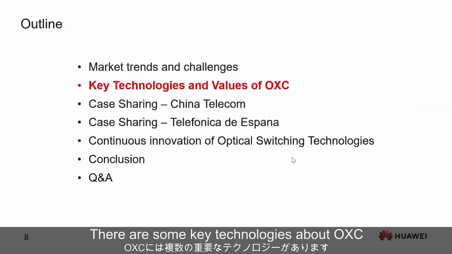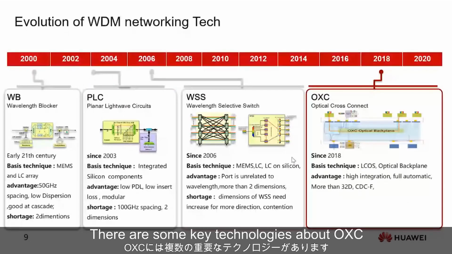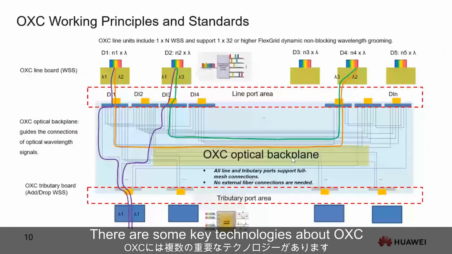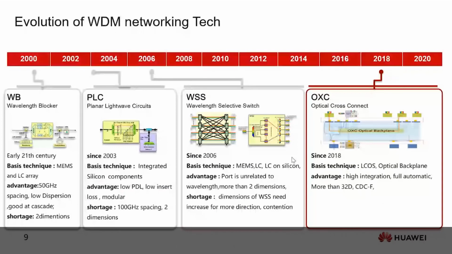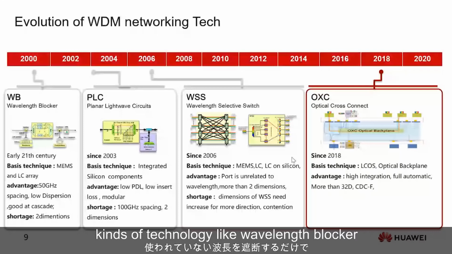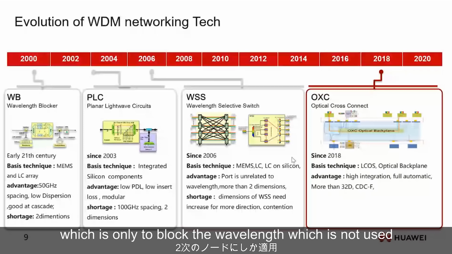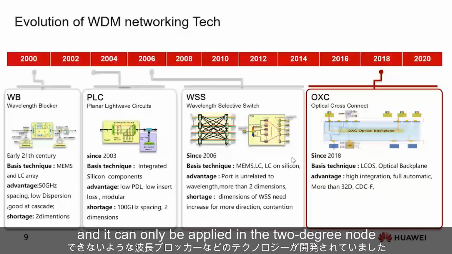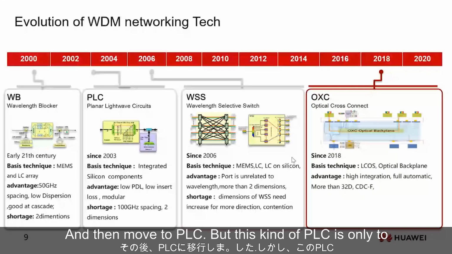So there are some key technologies about the OXC. Before the OXC, people developed various kinds of technology like a wavelength blocker, which only blocks the wavelengths that are not used, and it can only apply to a 2 degree node, and then moved to the PLC.